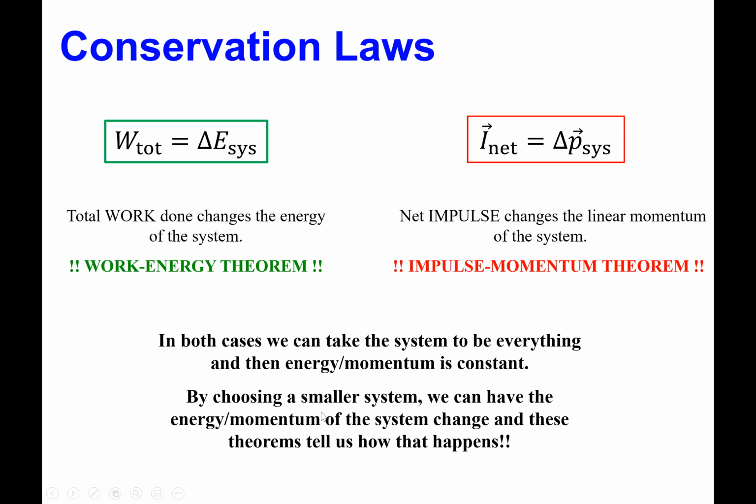We can say that by choosing a smaller system, we can have the energy or momentum of the system change. And if that's the case, then these equations just give us the ways in which that energy or momentum changes. So they give us a prescription for calculating that change in energy or momentum of the system.